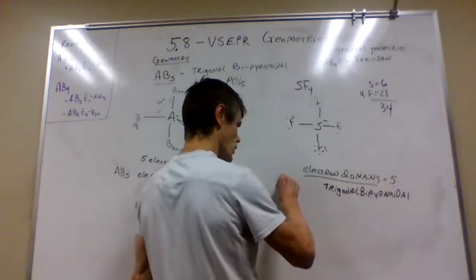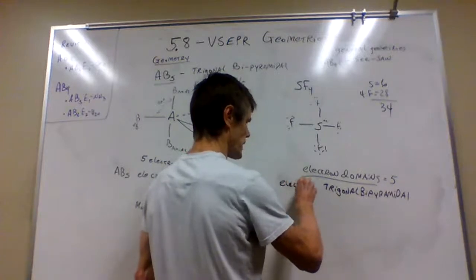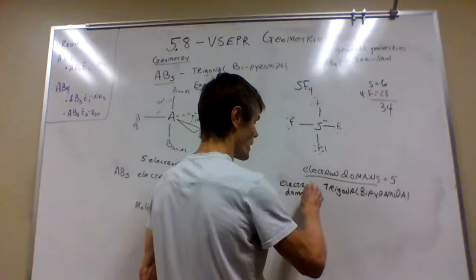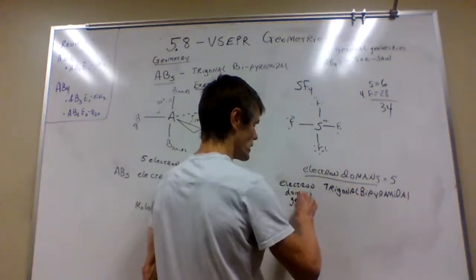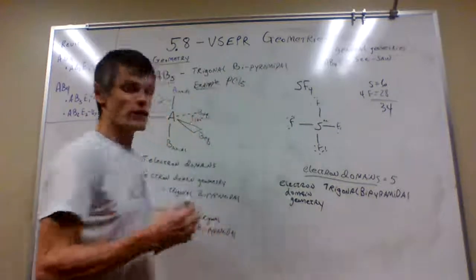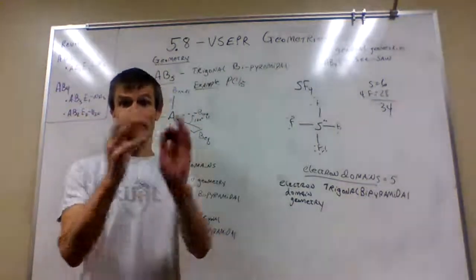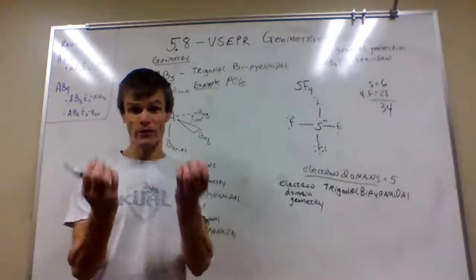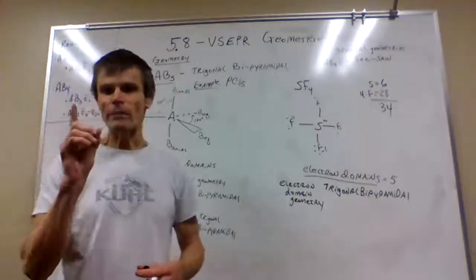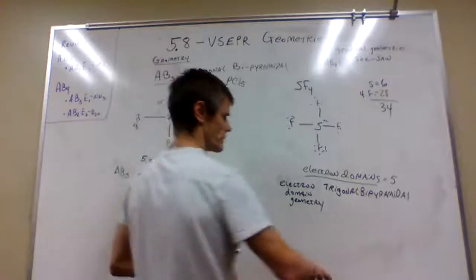That's the electron domain geometry. In other words, the way we think of it, it's our framework of how regions where electrons are located like to distribute themselves around the central atom. So one of them is going to be a lone pair of electrons.